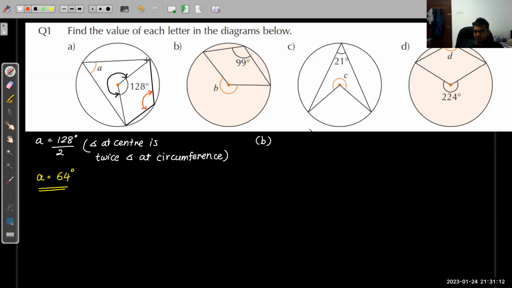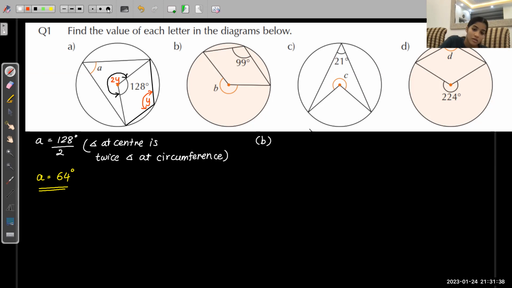The same two points subtending an angle at the center gives this. So if the red one is y, then this will be 2y. Same theorem: the angle at the center is twice the angle at the circumference. The only problem is we can't directly identify it because it's a reflex angle.